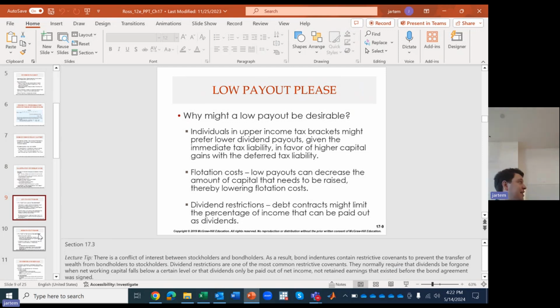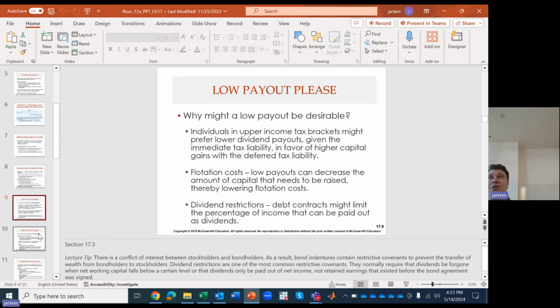So if you have that claim and you're in an upper tax bracket, you might actually prefer very low or possibly even non-existent dividend payouts. If you are making a tremendous amount of money, then you are only taxed on stock when you get a dividend or when you sell. You can control when you sell, but you can't control when you get a dividend.